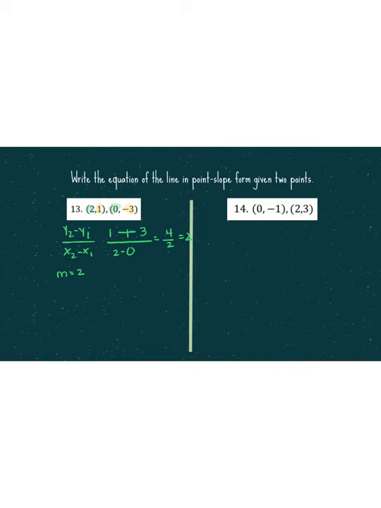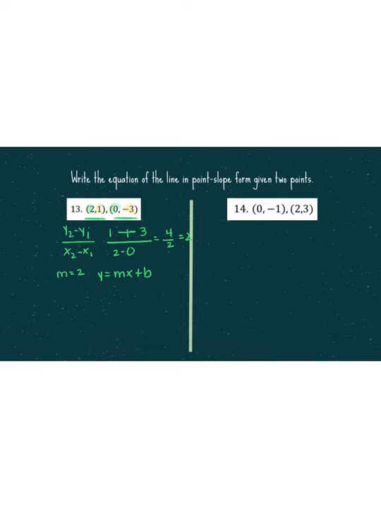Okay, so now I'm going to put it in y equals mx plus b. So I'm going to pick either this set or this set.